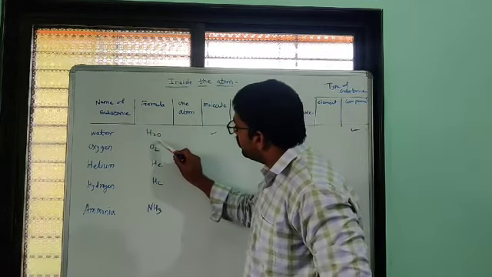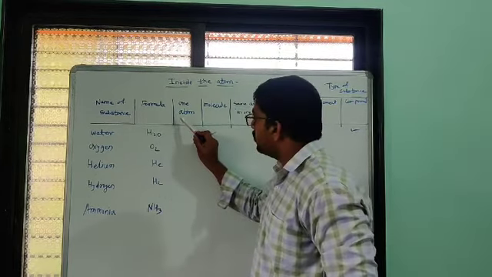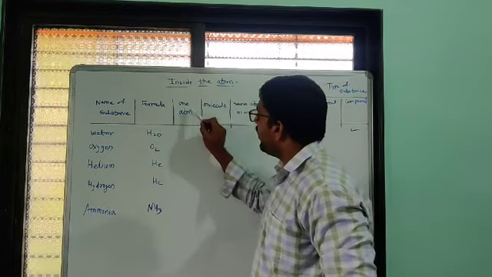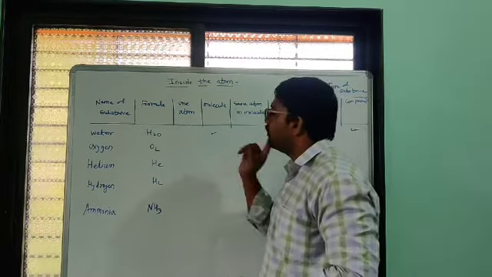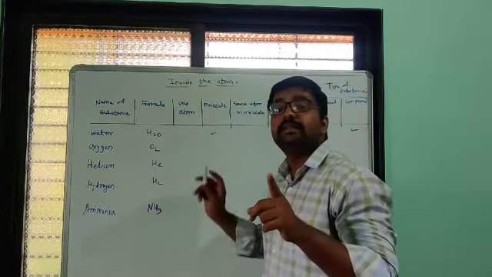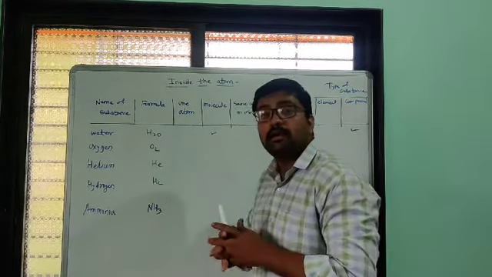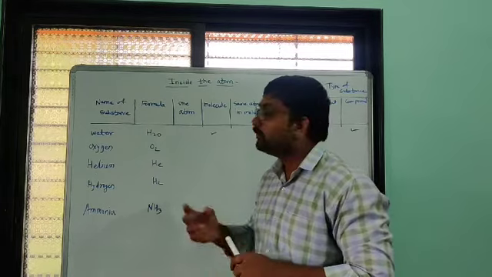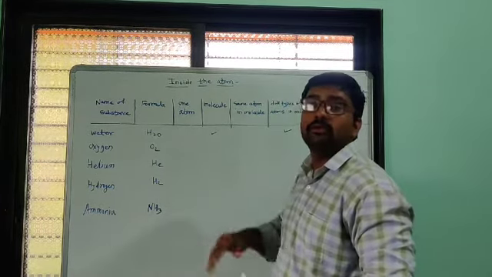No. Two hydrogens and one oxygen, that is a total of three atoms. So it is not one atom in this formula. Next, is it a molecule? Yes, it is a molecule because two or more atoms are combined to each other to form this substance, water.